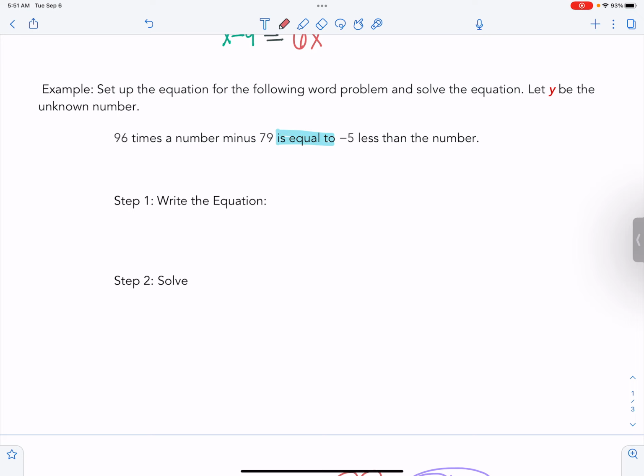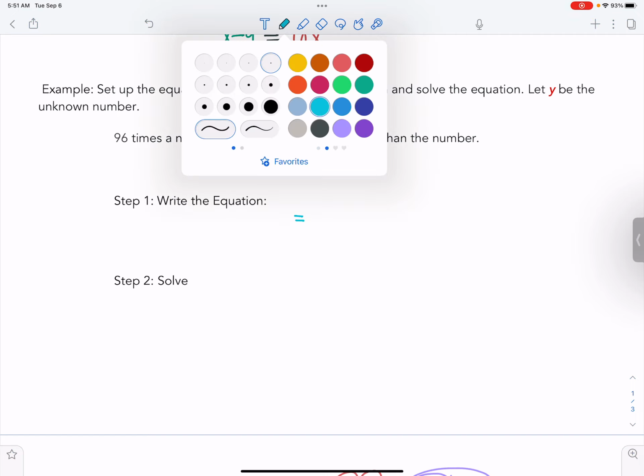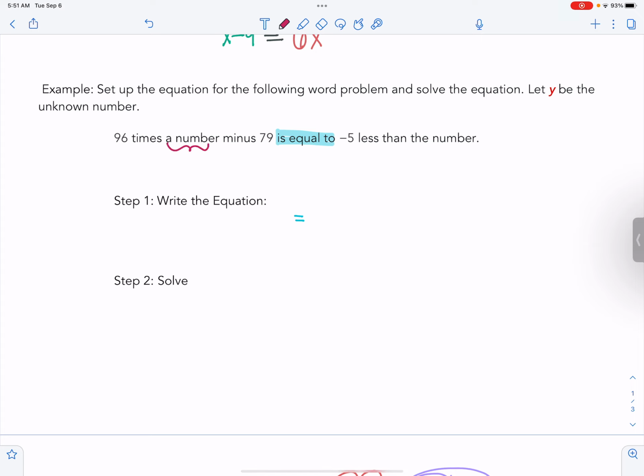And so is equal to, I know that's going to be my equal sign. Let's work on everything to the left of that. 96 times a number minus 79. Well, they told us the unknown would be y, and so I've got 96 times a number, y, minus, subtract 79. That's going to be the left side.